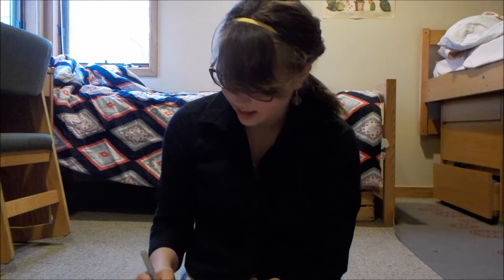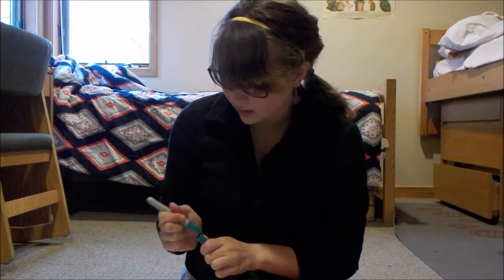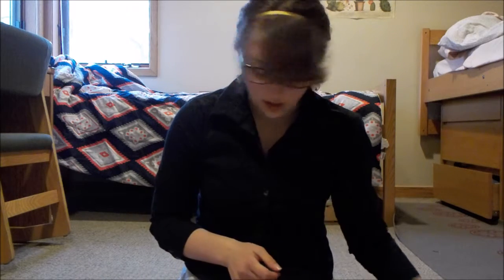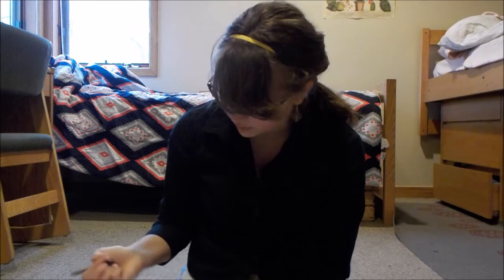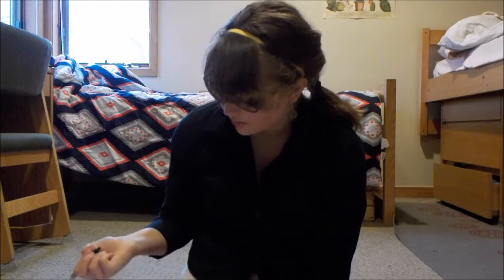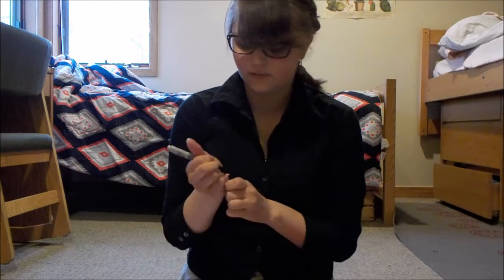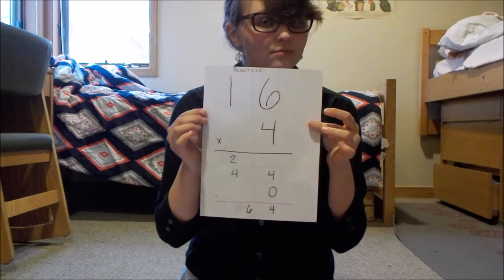And then we do 10 times 4 to get 40. And then simply add up our ones place for a total of 4, and our tens place for a total of 60, for a total answer of 64. See? 64. Is that what you got? I hope so.